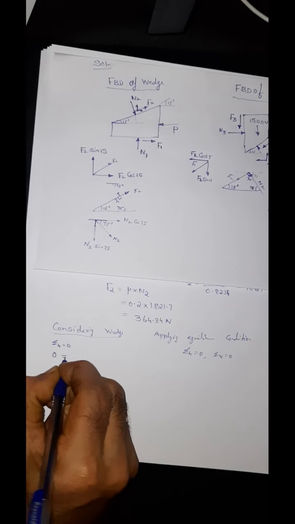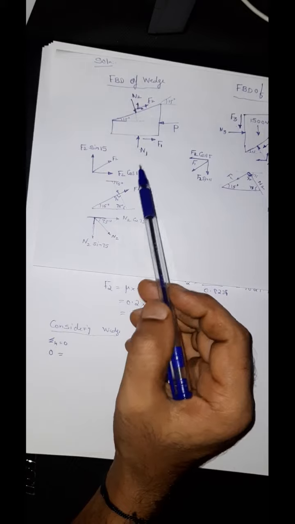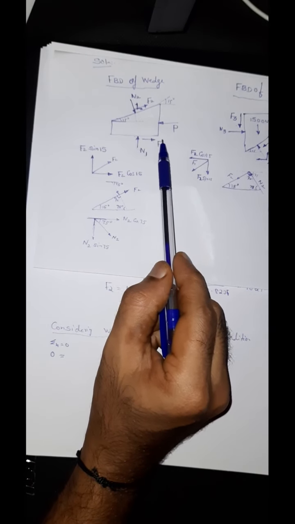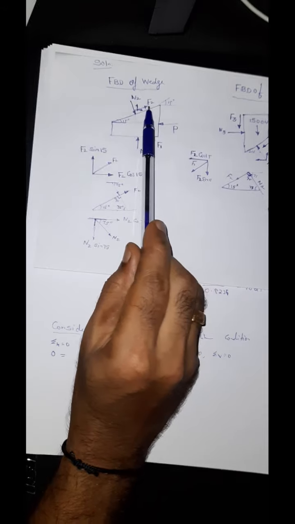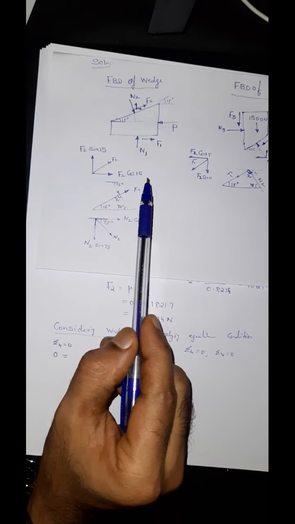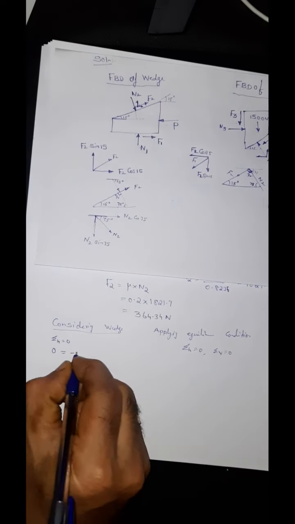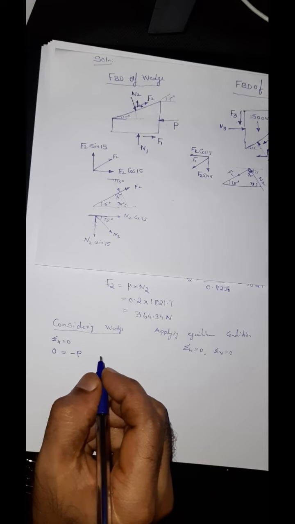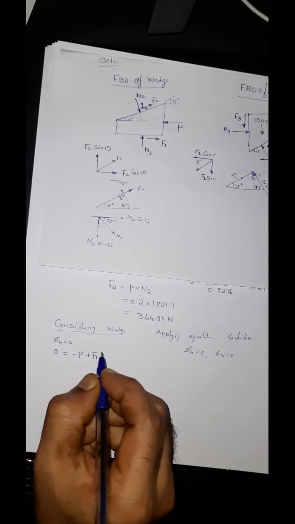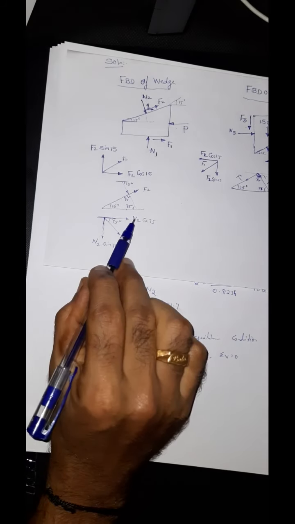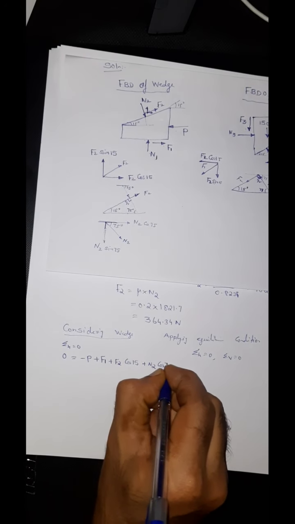0 equal to, look at here, how many horizontal forces are there? 1, 2, 3 and 4, right? So P is in the negative x direction, so minus P. F1 is in the positive direction, F1. F2 is in the positive direction, plus F2 cos 15. N2 is also in the positive direction, so plus N2 cos 75.